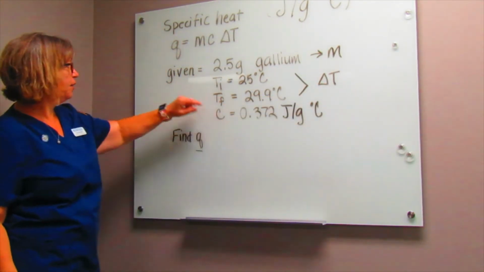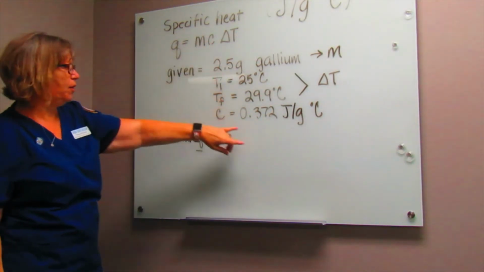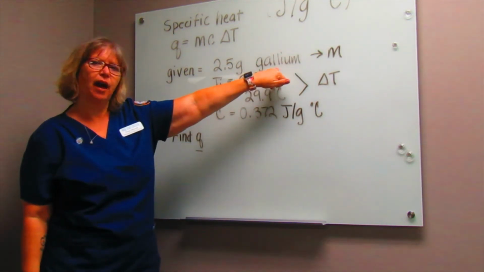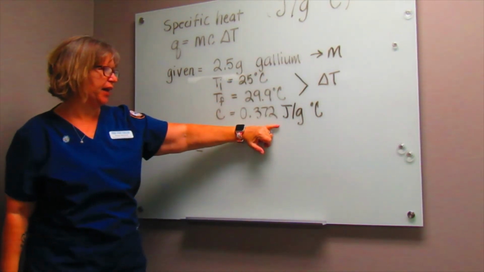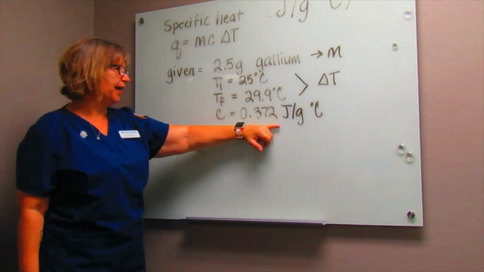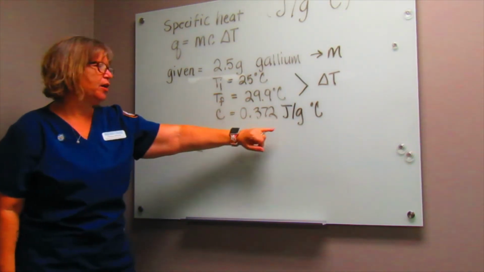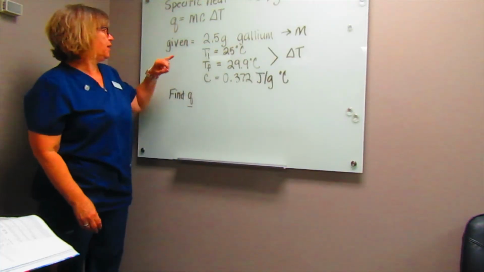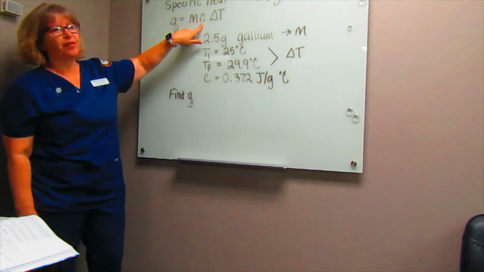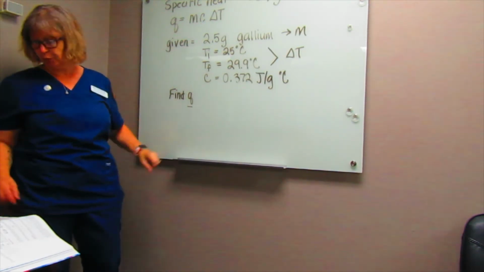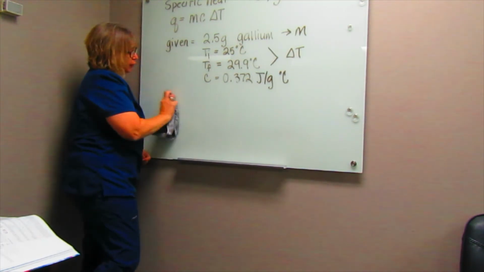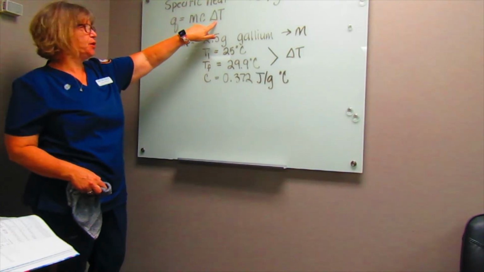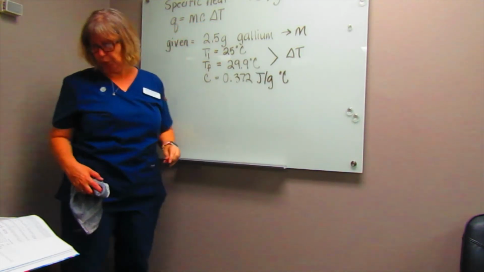And then our C, which is part of our equation as well, is the specific heat capacity of this element, okay? So our specific heat capacity of gallium is 0.372 joules per gram degrees Celsius. Now, based on the given information, we can solve this equation and find Q, okay? So all we're going to do is take these values and replace our variables to find the value of Q, okay?